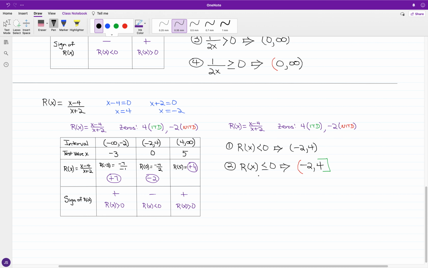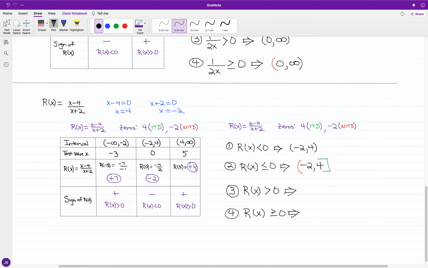And for the other possibilities in comparison to 0, I have greater than 0, as well as r of x is greater than or equal to 0.